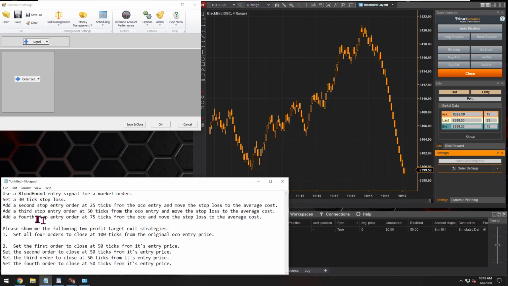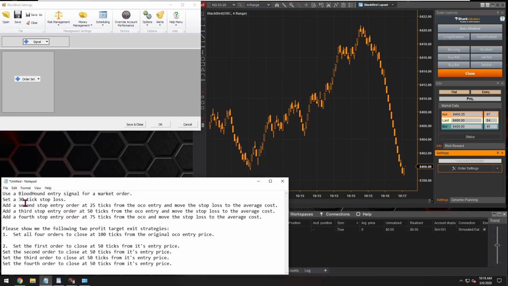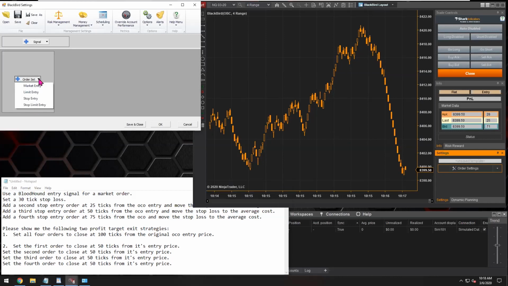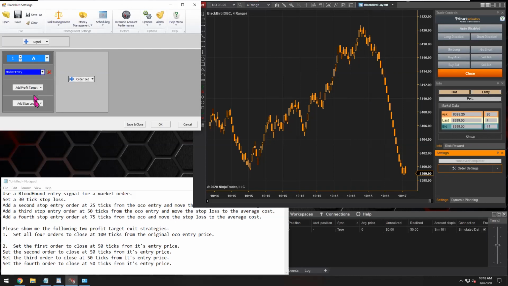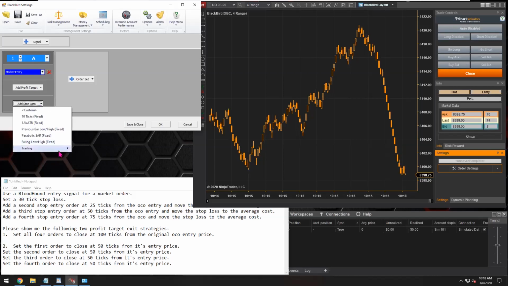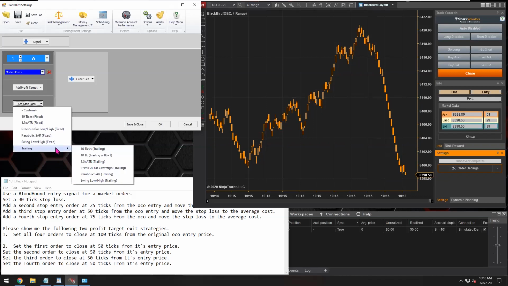It doesn't say what the first entry order is going to be, but it's a market order, so we'll start the first order set as a market entry. Now let's create our stop loss and go to trailing. I'm wondering if there's a quick list here.